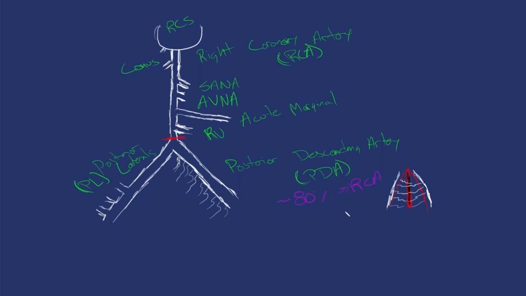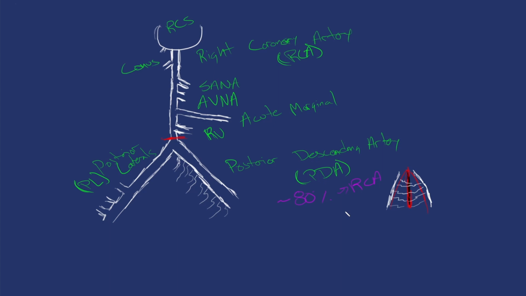The reason this is a bit more important, especially as far as we're talking about nomenclature, is that whichever side gives rise to the PDA, whether it's the right or the left, is what will be called the dominant side. So if you hear right dominant, they're saying that the PDA is coming off of the RCA. If you hear left dominant, they're talking about the PDA coming off of the left coronary system.